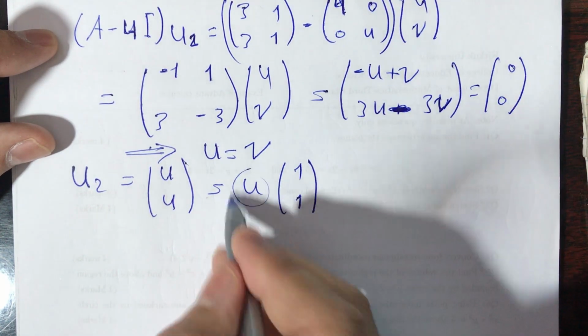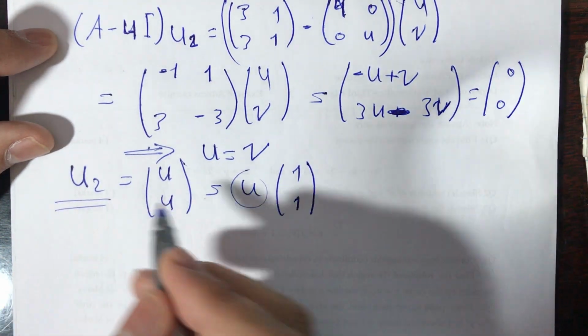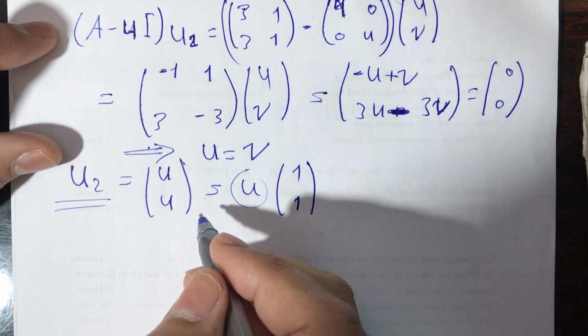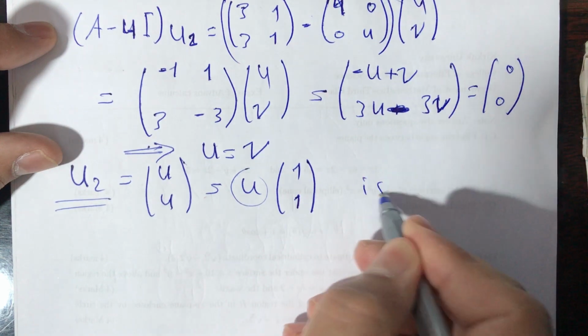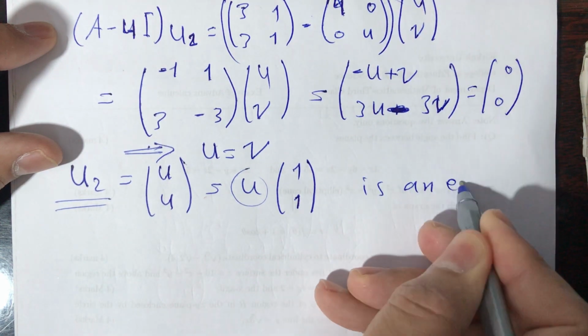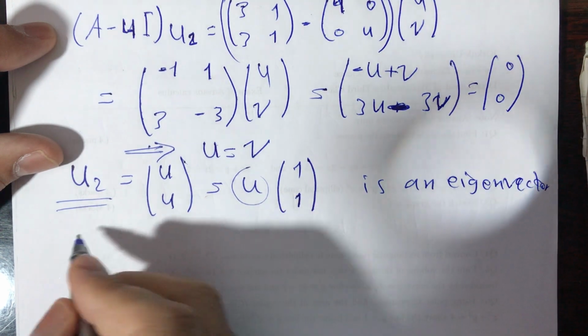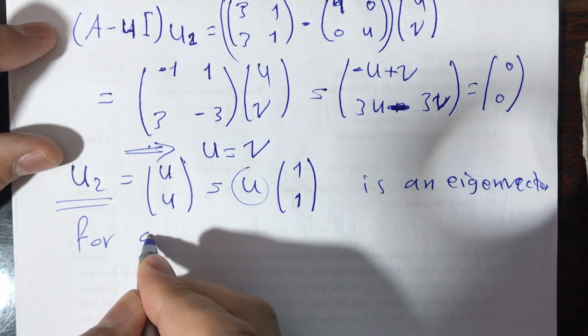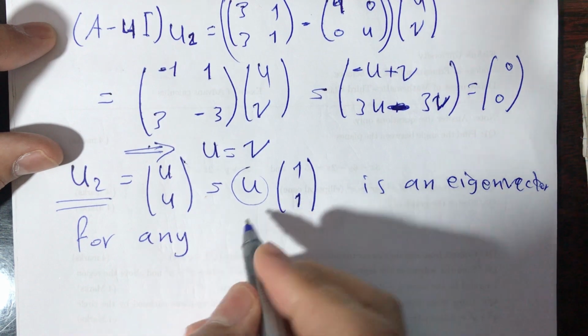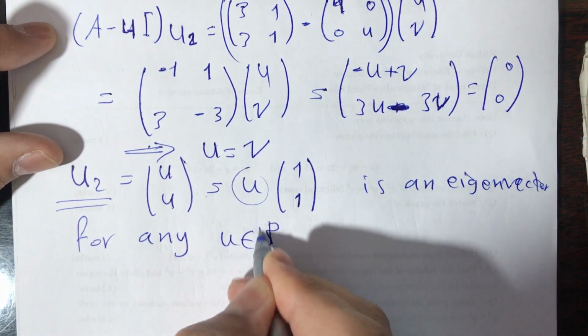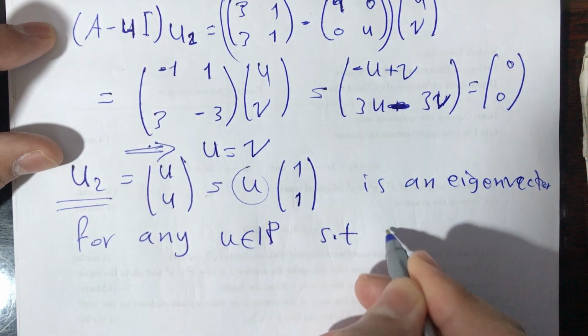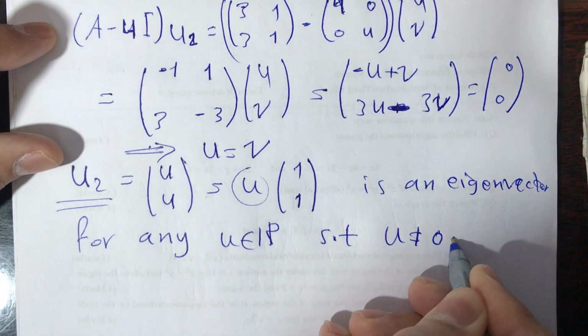So for any u, we get an eigenvector, for any u belonging to R such that u is not equal to 0.